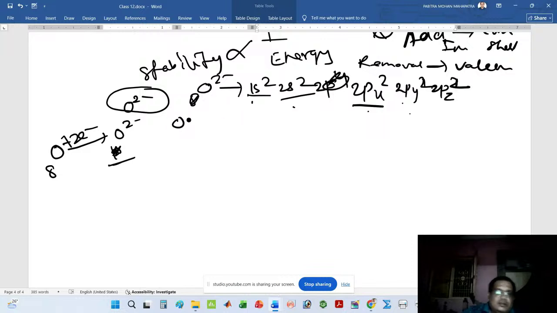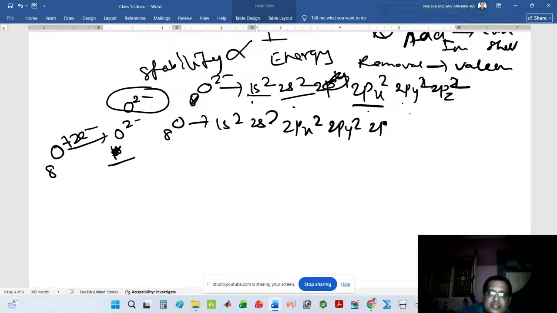Always remember, before writing the electron configuration of an ion, you should think about the electron configuration of the atom. Clear? Again, I want to write oxygen having electron configuration 1s2, 2s2, 2px2, 2py1, 2pz1.